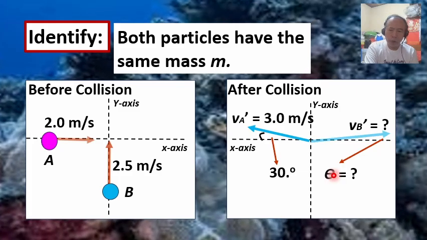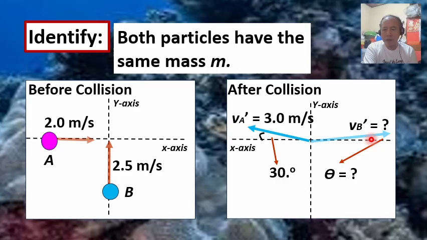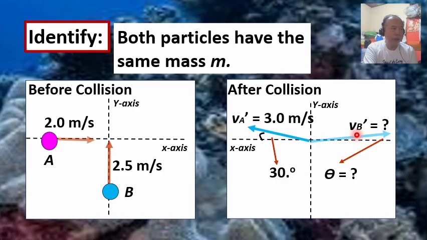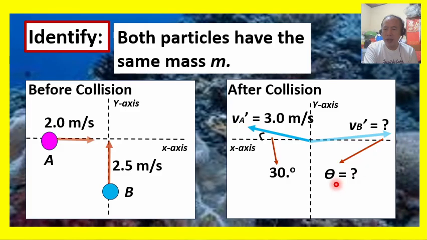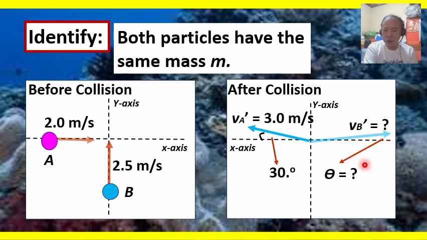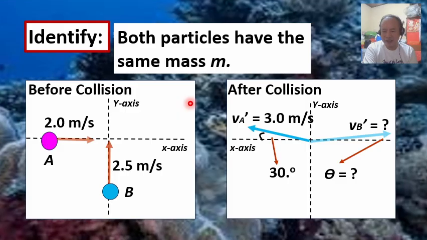So our two target variables are the magnitude of the velocity of particle B just after the collision and the angle of deflection with respect to the positive x axis.